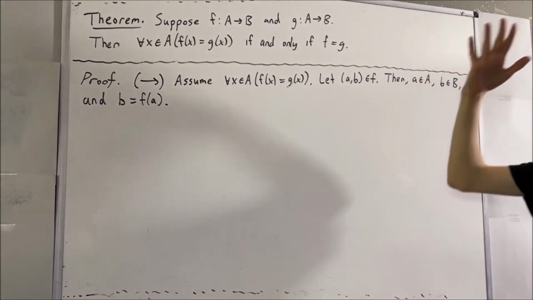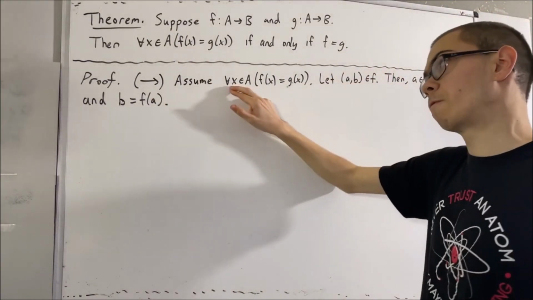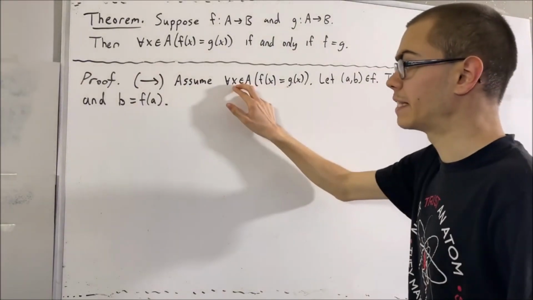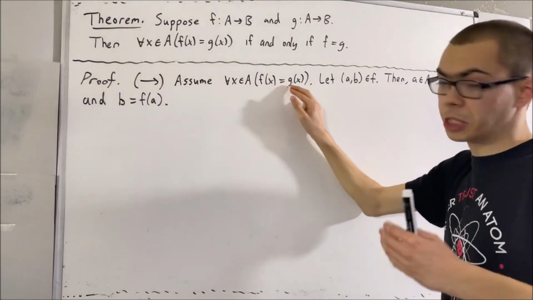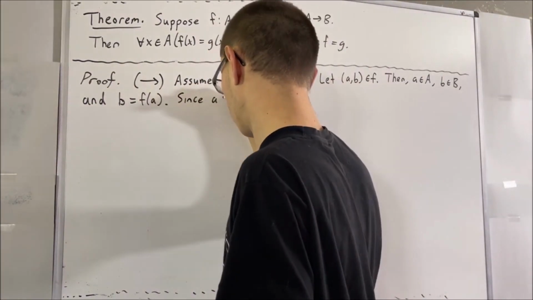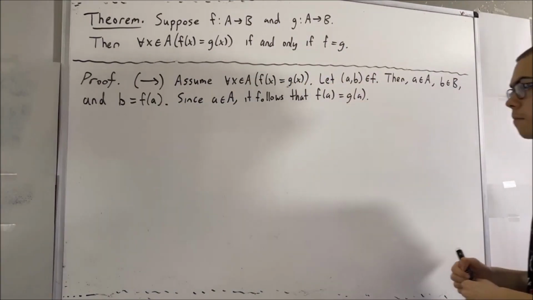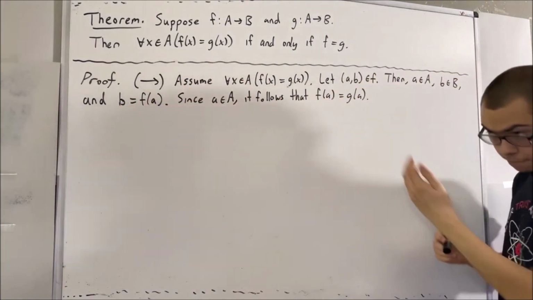Okay, but notice, because a is an element of A, and we assume for all x in A, f of x equals g of x, it follows that we could just replace the x here with a, and we get that f of a equals g of a. Now, b equals f of a, so b equals g of a.